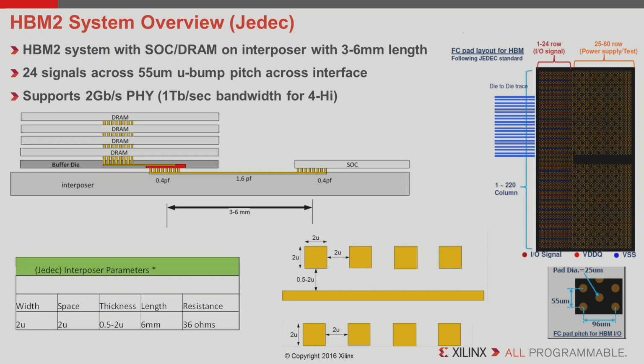And when you account for adding in some ground wires and so forth to manage signaling at these 2 gigabit per second data rates, roughly about 2,000 wires is what you need to connect the SoC to the HPM.